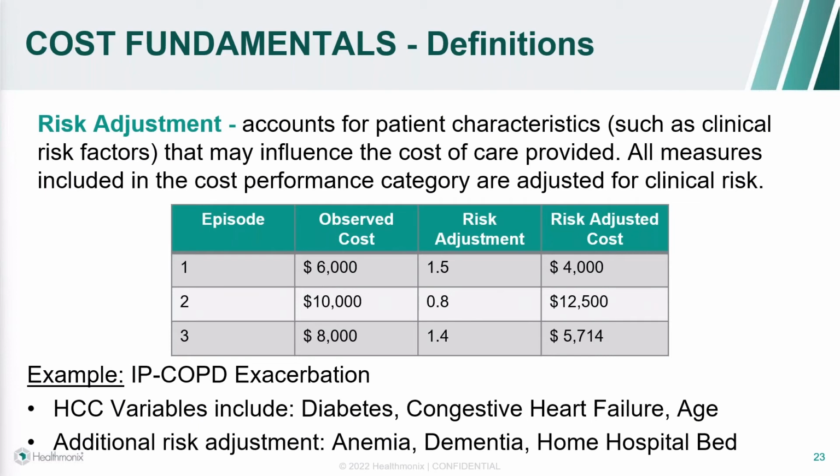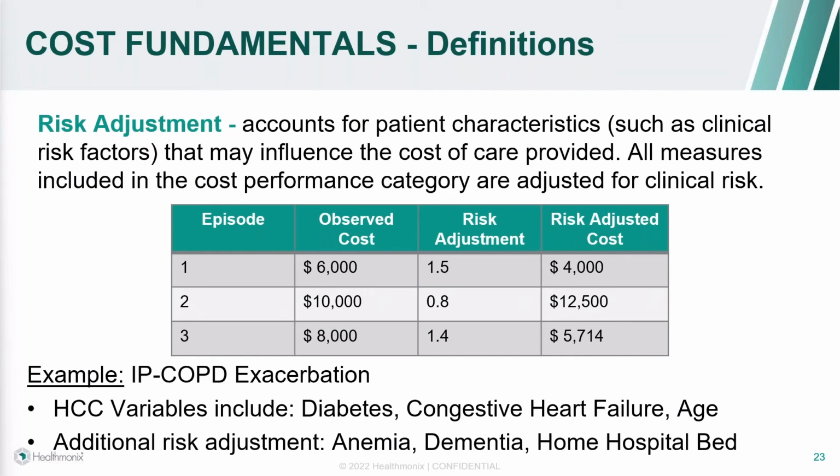Super important to get those conditions documented, and then we add all of those up in terms of adjusting the observed cost to come up with a risk adjusted cost. So here you can see, for example, that the actual cost doesn't necessarily feed to what the risk adjusted cost is, and the risk adjusted cost can go up or can go down.